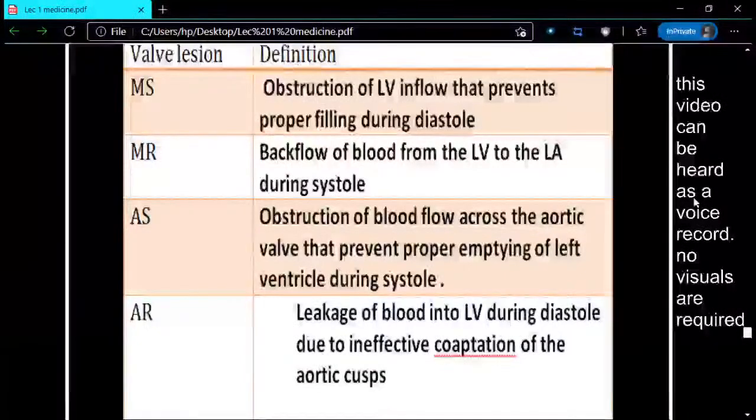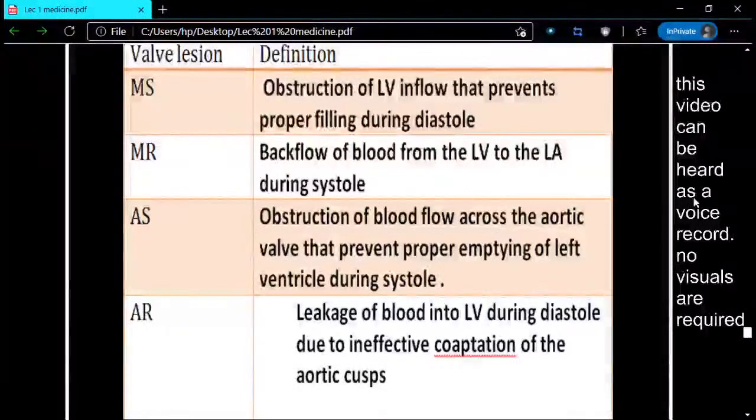Again, we will repeat this table. This table is talking about the MS, MR, AS, and AR, all about the left ventricle.